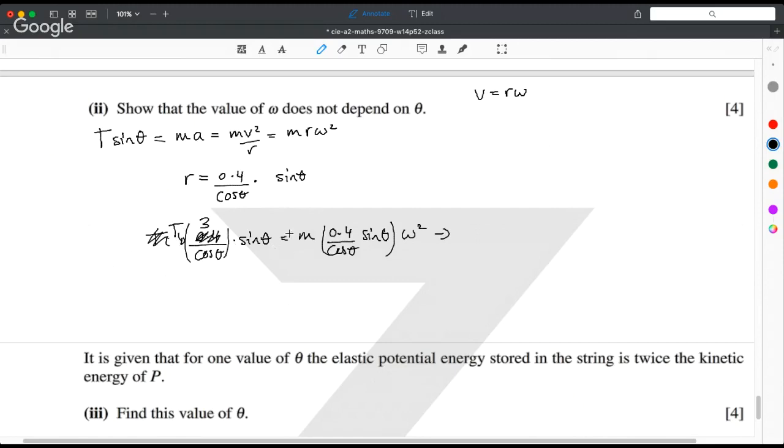And you see that the sine of theta's cancel and the cosine of theta's cancel. So you get that omega is equal to the square root of 3 over m. Right, no, there's the 0.4, so that actually becomes the square root of 15 over 2m. So omega is equal to 5 if you plug all that in.